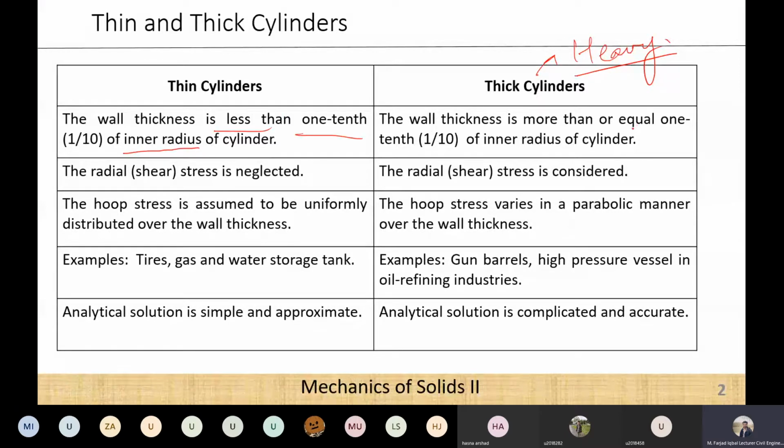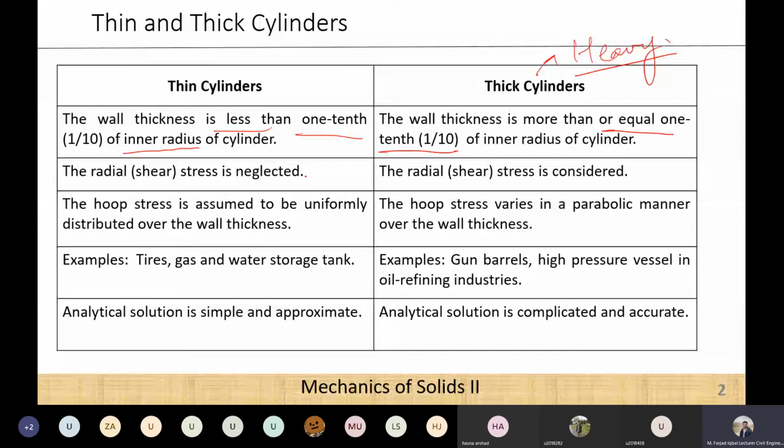But in the case of thick cylinder, this wall thickness is more than or equal to 1/10 of the inner radius of the cylinder. So if you know the radius and thickness and you want to classify the cylinder, this is one best criteria to differentiate between the two.